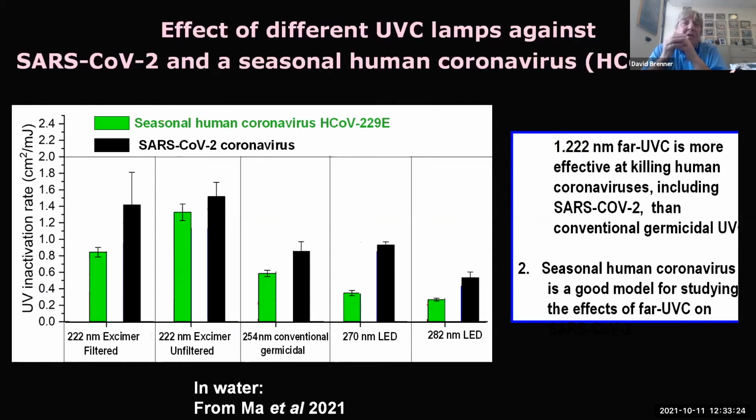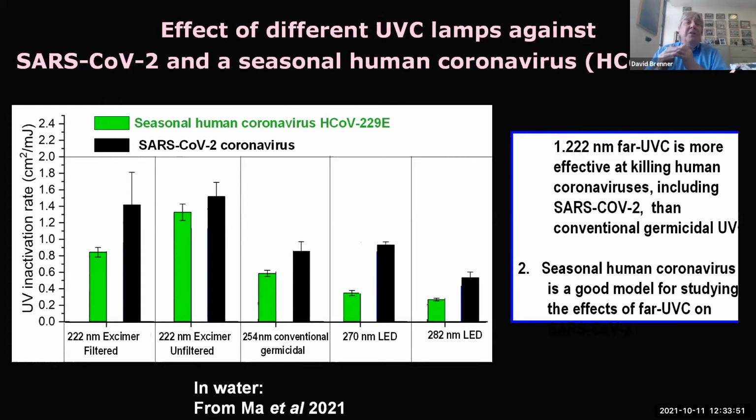And there are two conclusions that you can draw from this, which somehow got cut off on the right here. The first is that 222 nanometer light is in general more biologically effective than 254 nanometer light. So its ability to kill coronaviruses is rather bigger than conventional 254 nanometer light.